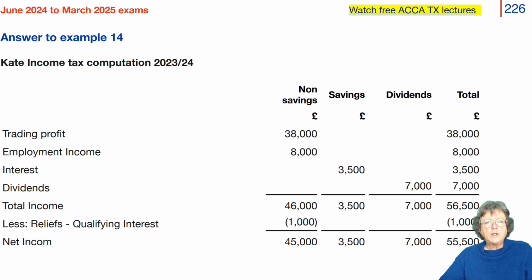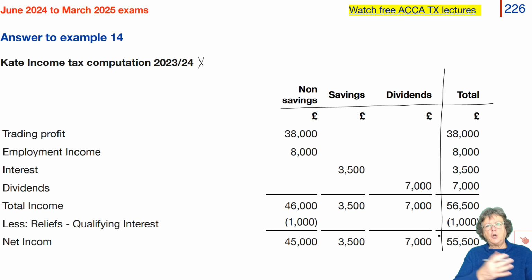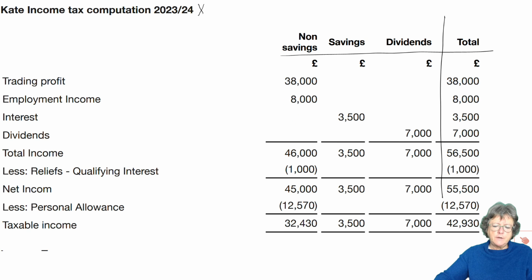So in the model answer, you can see there that again we've got a heading, and we have the 4 columns. You may want to do that with there. And the question has been copied into the answer. You can see all the various different incomes there.